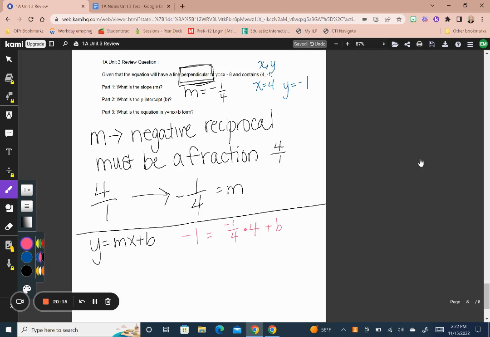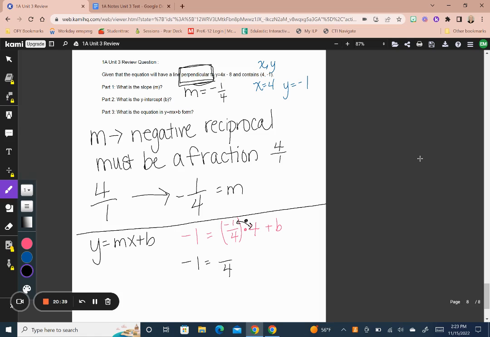Okay? So when you have a fraction like this, there's a few options. You multiply your whole number, which is the 4 over here on the right, with your numerator, which is this negative 1 up here. So negative 1 equals these two multiplied together, and you leave the 4 at the bottom.